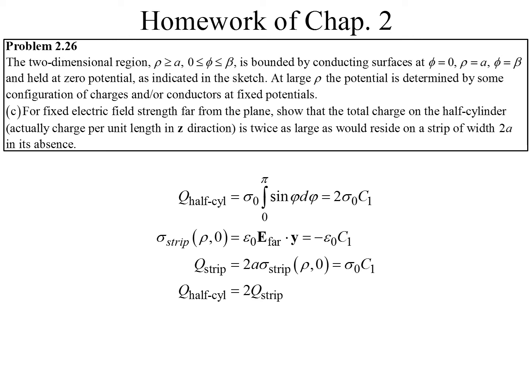You can calculate that the total Q on the strip is equal to sigma 0 times C1. So the result shows that the total charge on the half cylinder is twice as large as the charge on the strip.